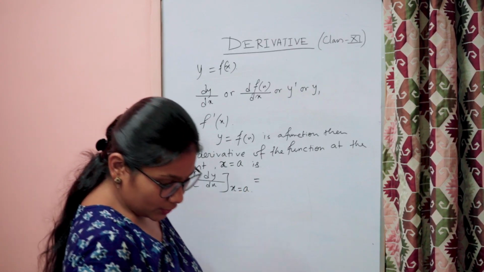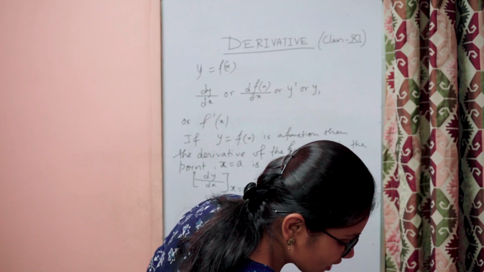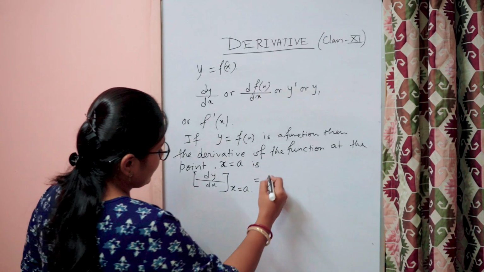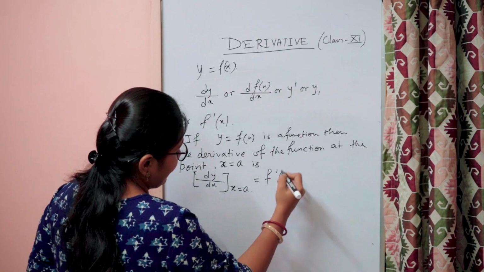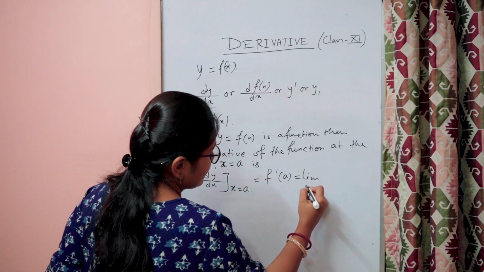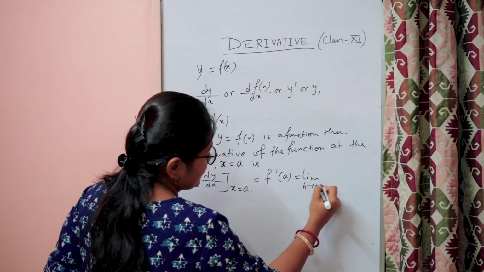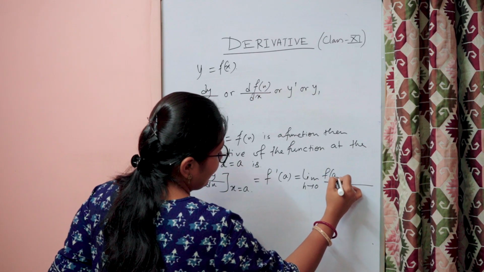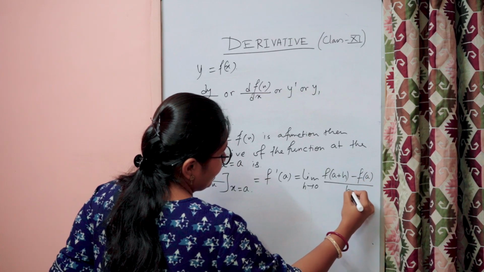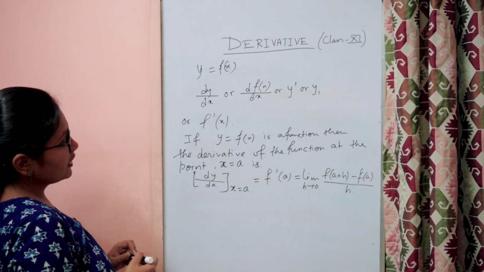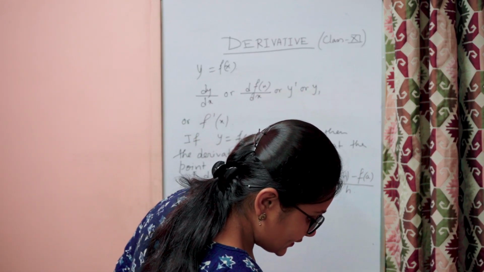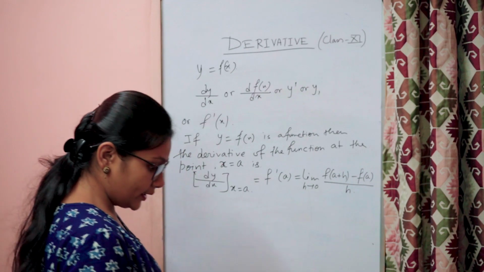So that should be equal to f dash a. So that is equal to limit h tends to 0, f(a plus h) minus f(a) by h. So this is the notation if you are finding out the derivative of a function at a particular point x is equal to a. Okay.